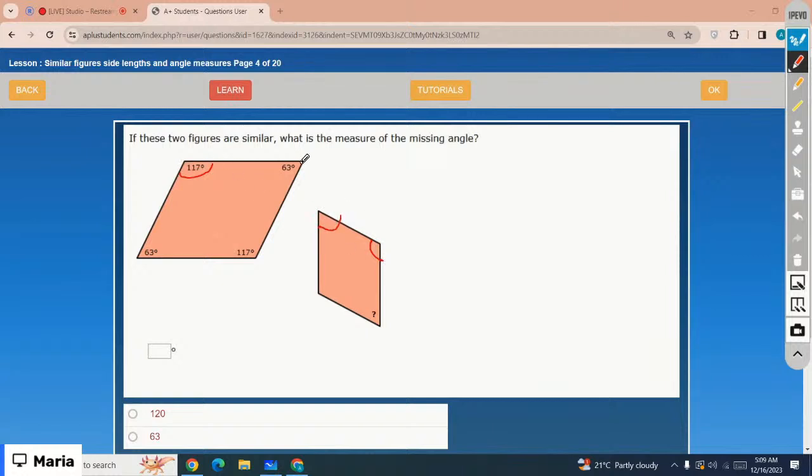This one is 63, that is the edge. This one is then 117 and the missing side length is 63, because corresponding side lengths have the same measurement. The correct option is 63.